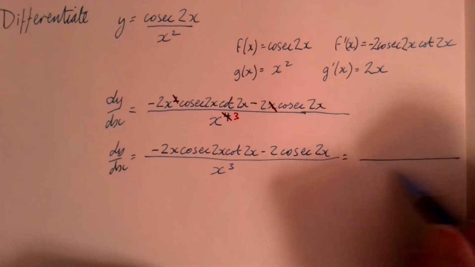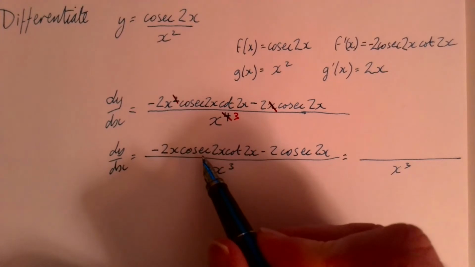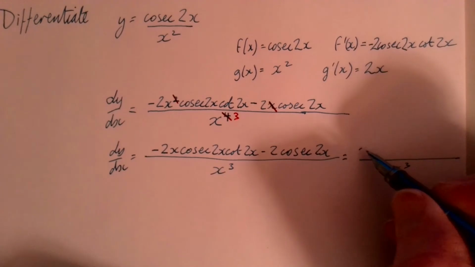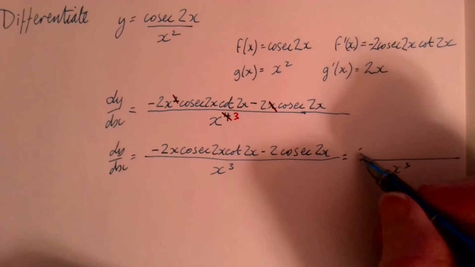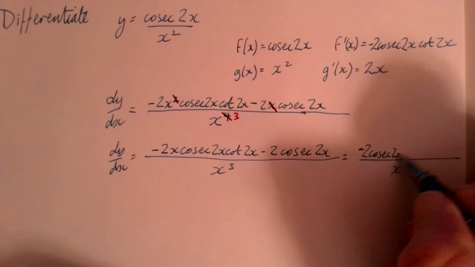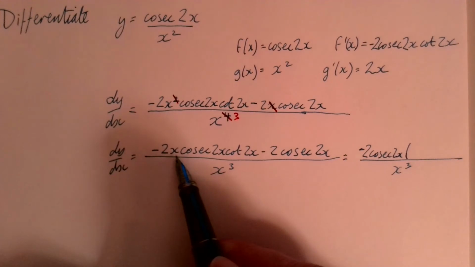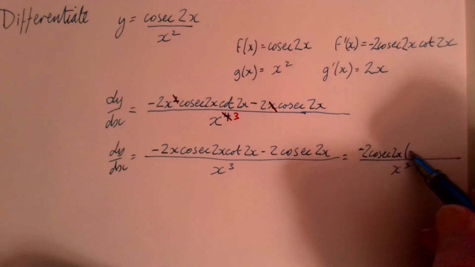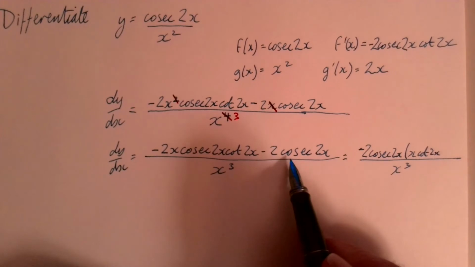So we've still got the x cubed on the bottom, but on the top we've actually got 2 cosec 2x on both of them, and they are negative on both of them, so we've got negative 2 cosec 2x, and then what goes in the bracket, we've got x cot 2x, and then actually that is all of this one, isn't it?